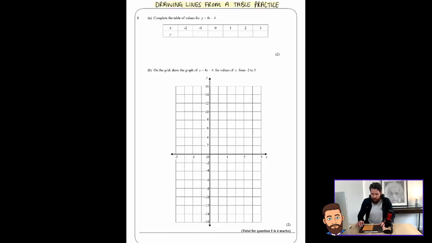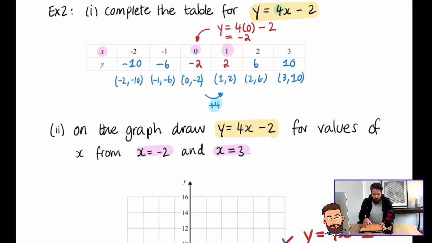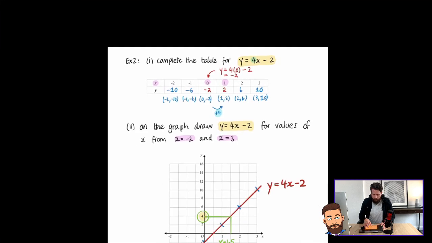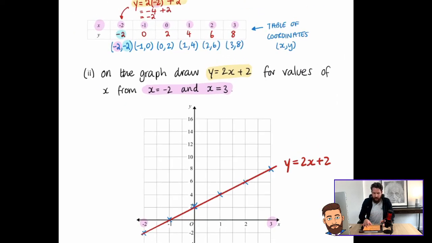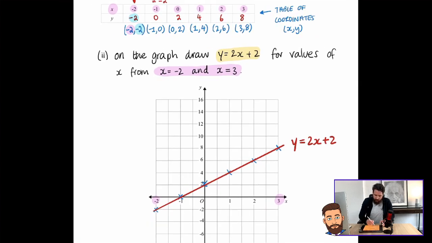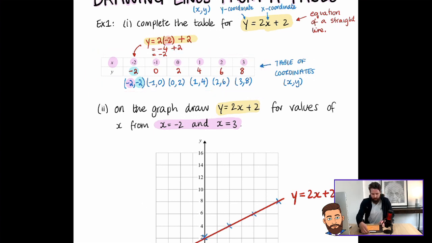We've got 3 questions, maybe 4 for you. Use those techniques, review the steps that I've done in this video, and you always know if you're correct. It will always create a straight line. If your coordinates do not create a straight line, something has gone wrong in the table, so go back and check the table.